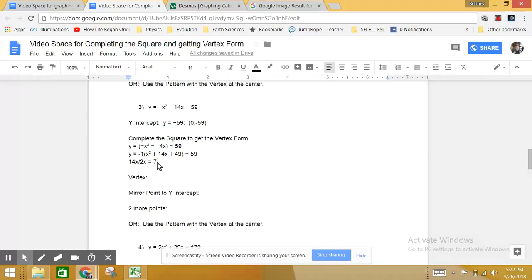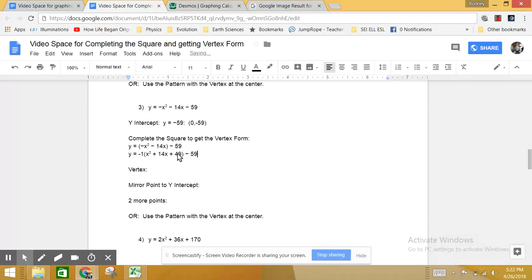Okay, in the past, since we added a number here, we subtracted a number here. But I'm not really adding 49 because this whole business here is actually times negative 1. So I'm adding negative 49, which means I'm really subtracting 49.